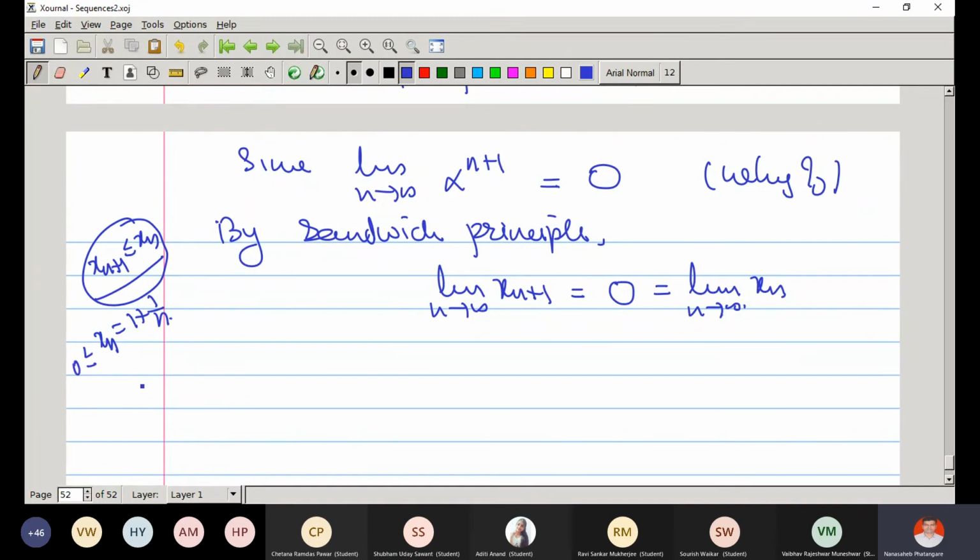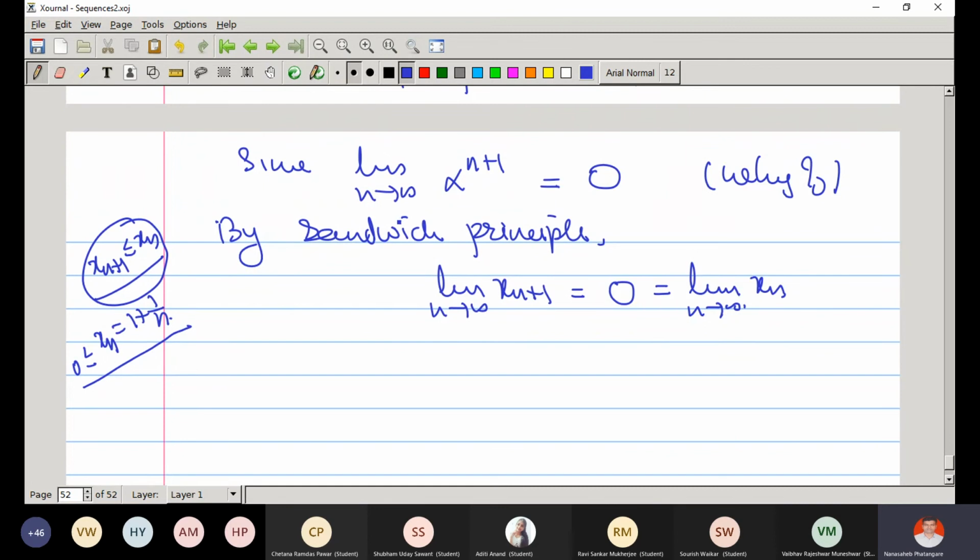It is decreasing, but the limit is not 0, right? And therefore, when you make some argument, under what condition are the arguments valid? Only decreasing and bounded below is not sufficient to say that the bound is the limit, right?